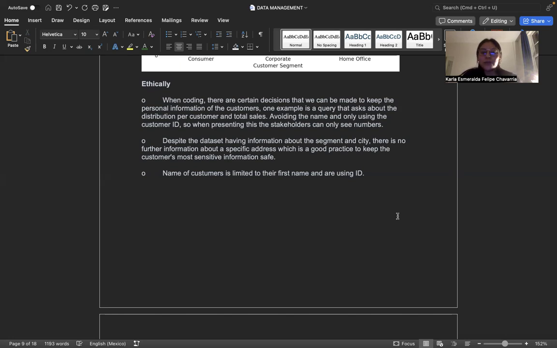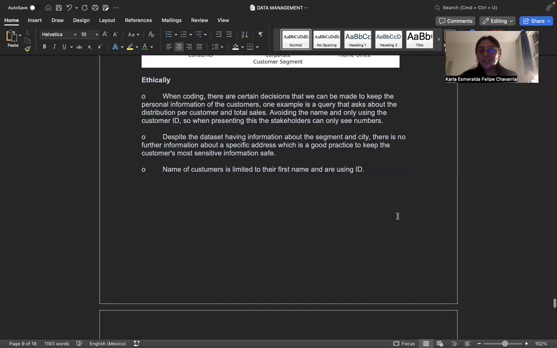Some examples were that they were only using the postal code, and also only the name of the customers, but not only that, they also had a customer ID that they could use to analyze the customer, without using deeper information about them. So this was one ethical point and a very good one.